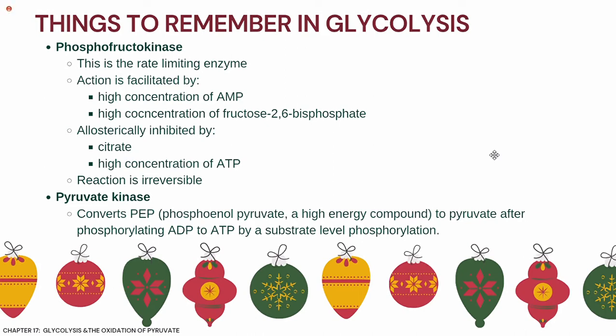All right. The next one is pyruvate kinase. It converts phosphoenol pyruvate, a high energy compound, to pyruvate after phosphorylating ADP to ATP by substrate level phosphorylation.